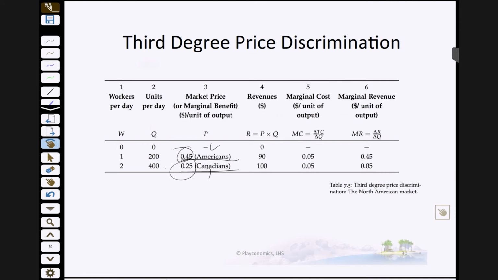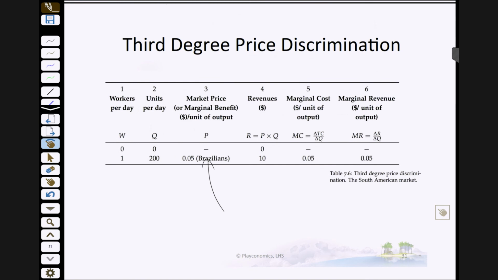Then I ask what the marginal revenue is if I serve both markets, and you'll find it is 0.05. My marginal cost is 0.05, so yes, I would want to serve both markets. Finally, for the Brazilians, there's only one price and one marginal cost, so would I serve the market? The answer is yes.